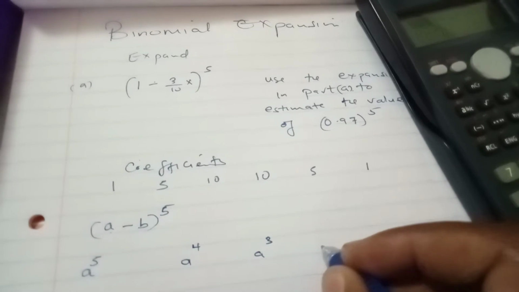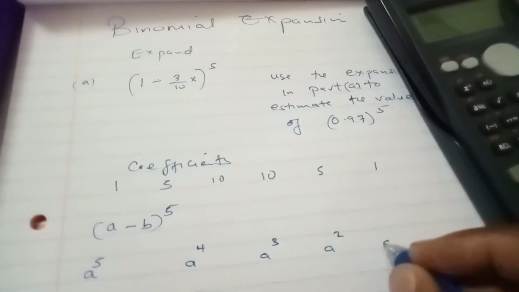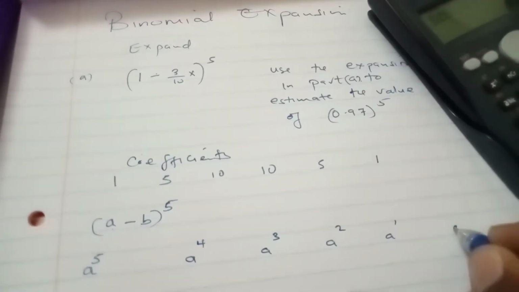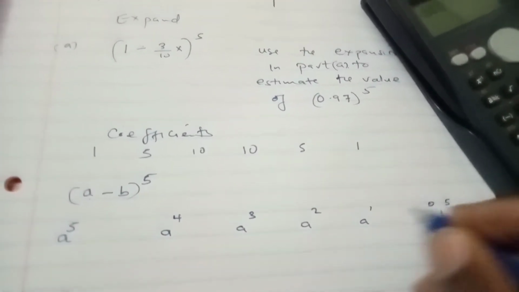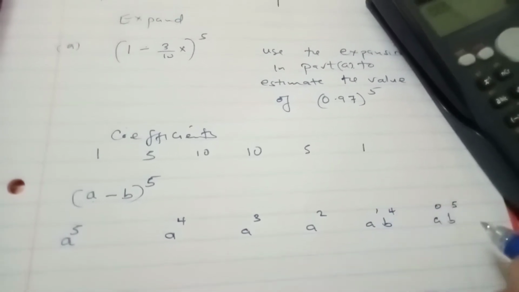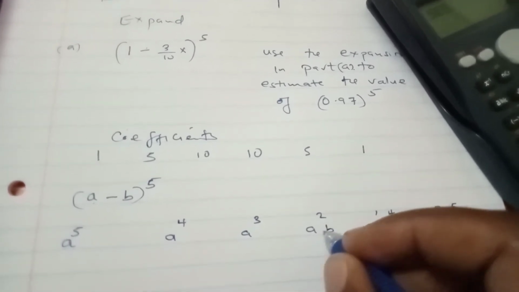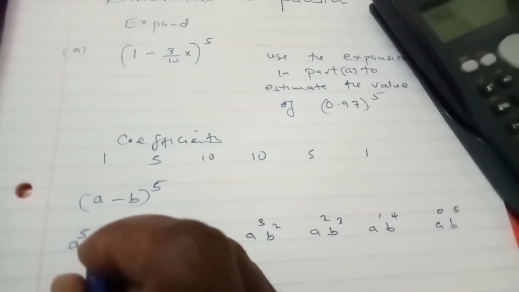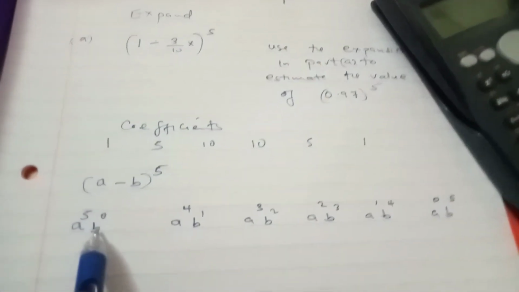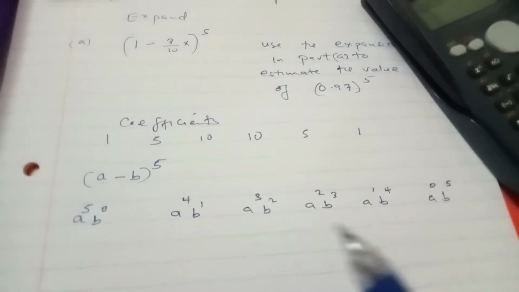The third one is to the power of 3, then the power of 2, in a decreasing manner, down to the power of 0. The other term begins with the highest power, decreasing as you move from right to left.